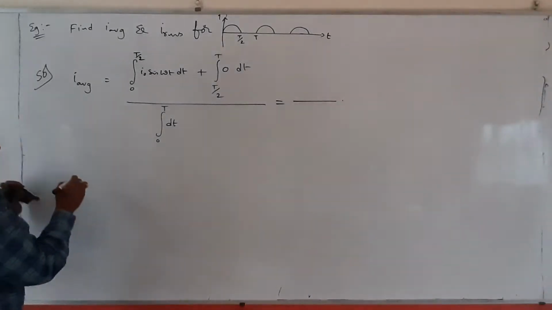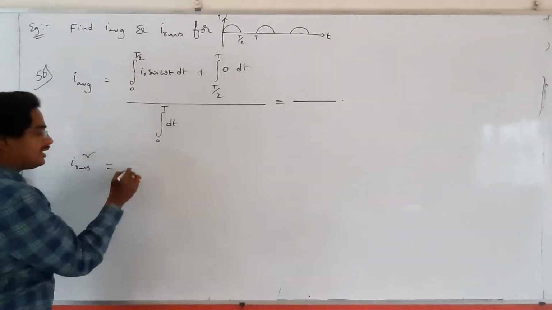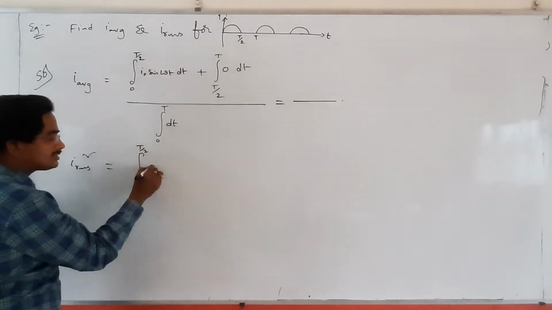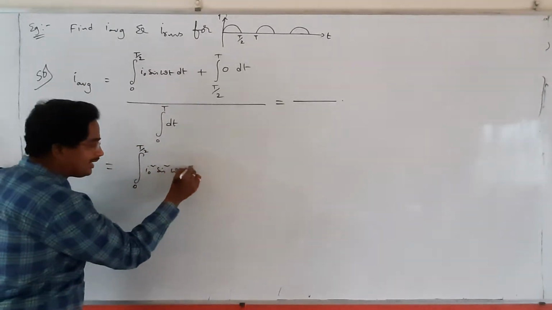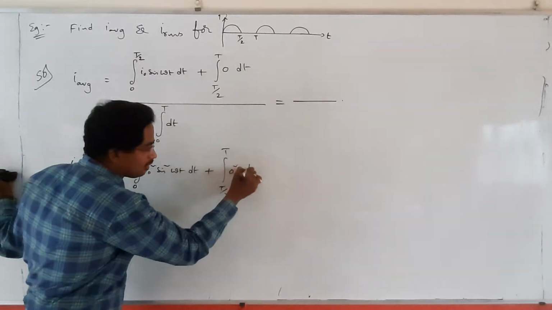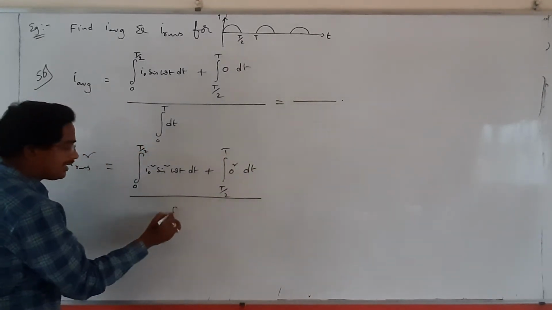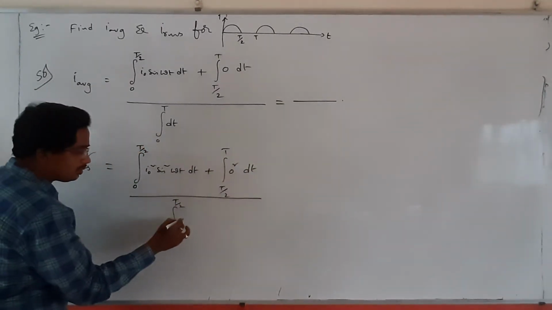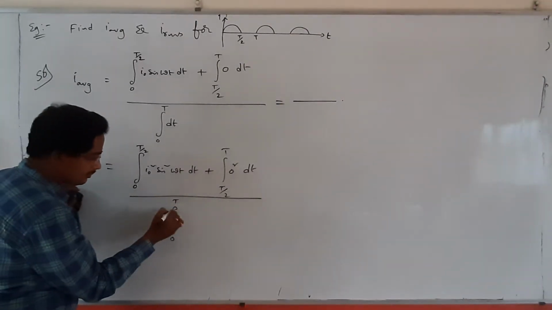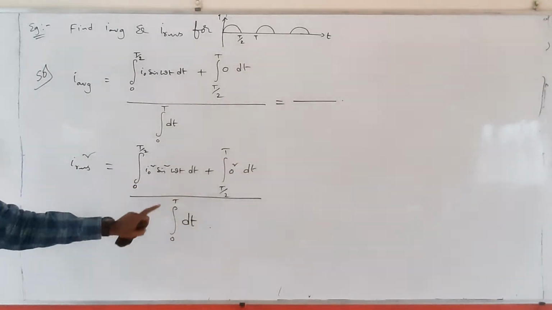Next, IRMS. Integral 0 to T by 2 of I naught square sin square omega t dt plus integral T by 2 to T of 0 square dt, divided by integral 0 to T dt.